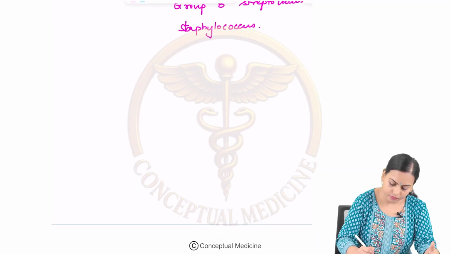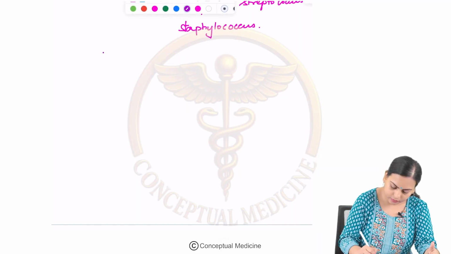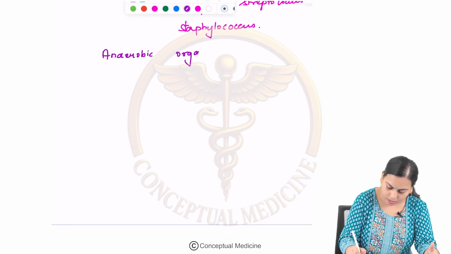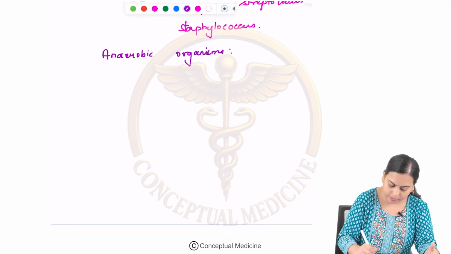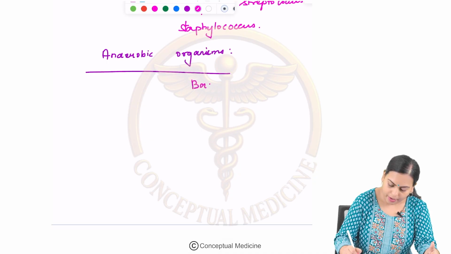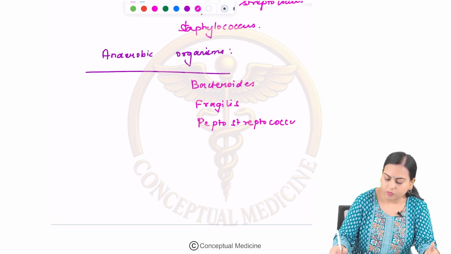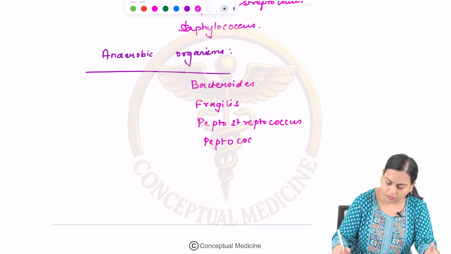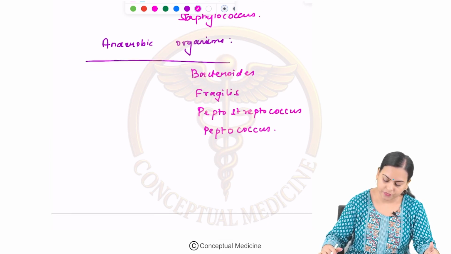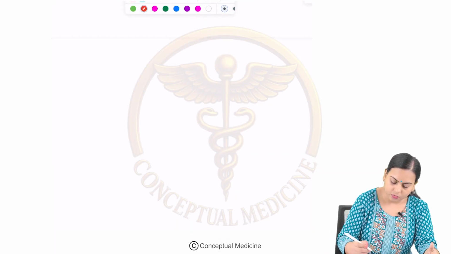Clear? And the anaerobic group of organisms causing pelvic inflammatory disease include Bacteroides fragilis, Streptococcus and Peptococcus.